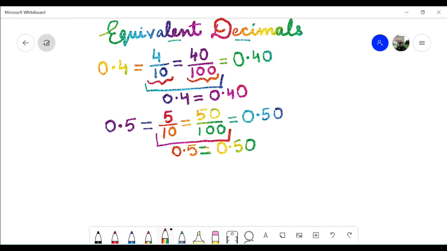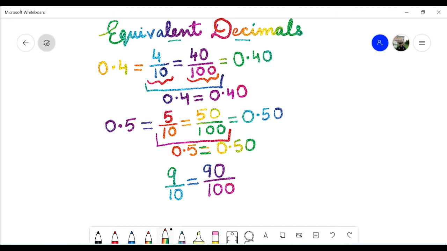Same way, children, if we have a fraction 9 upon 10 and we multiply the numerator and denominator by 10, we will get an equivalent fraction 90 upon 100.